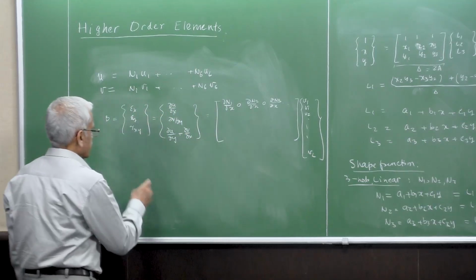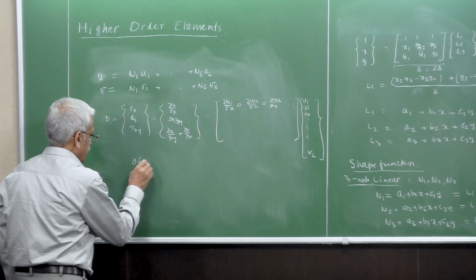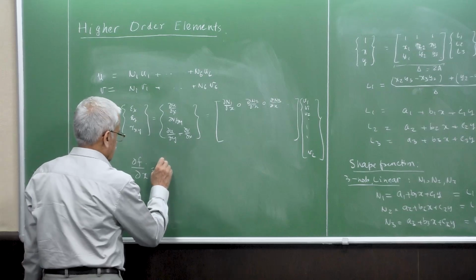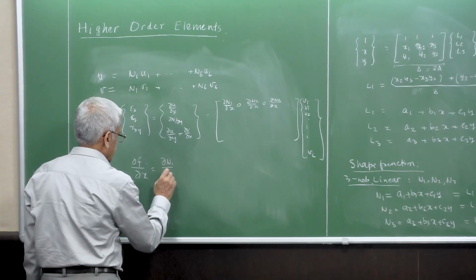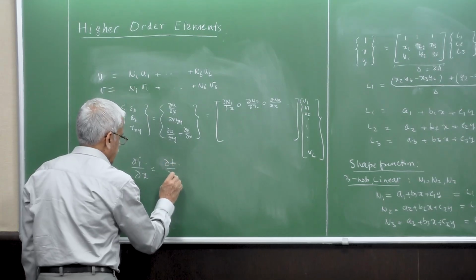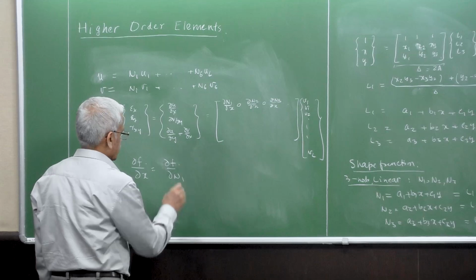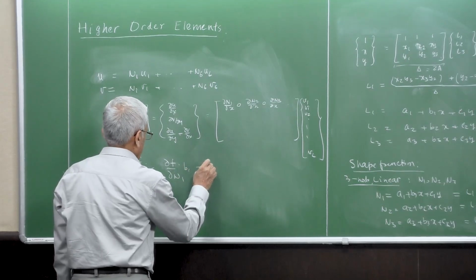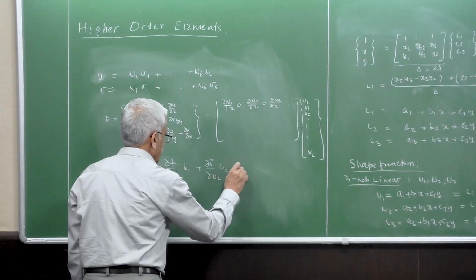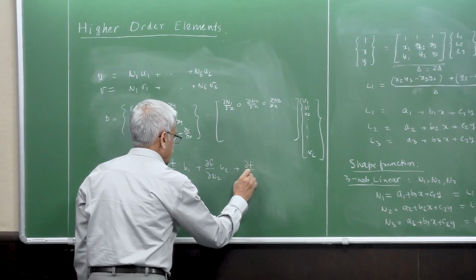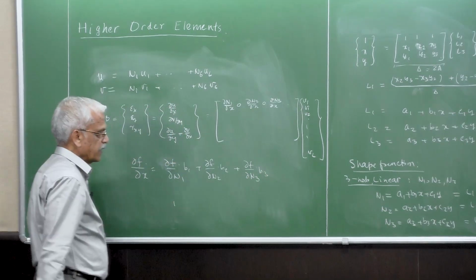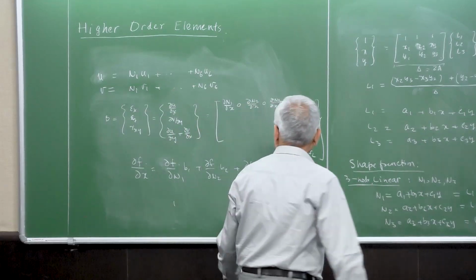Only thing is that if you want to take a derivative of any function with x, first you take it with L1, and L1 with x is nothing but b1, L2 with x is b2, and L3 with x is b3. So you can convert the derivatives.